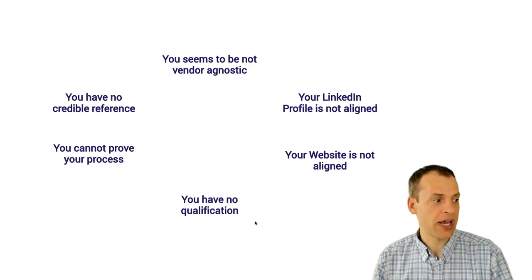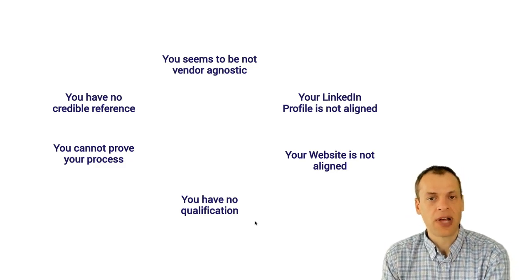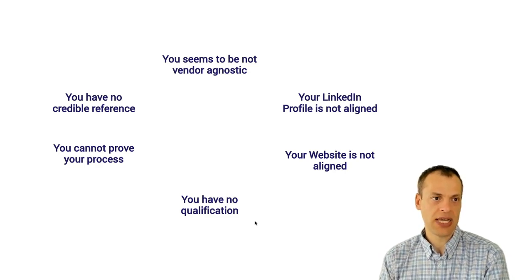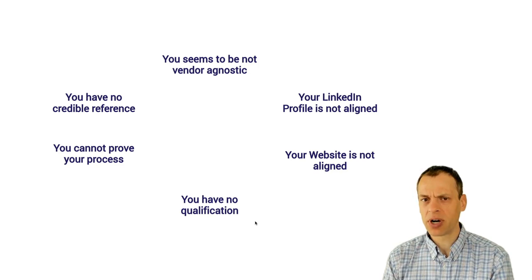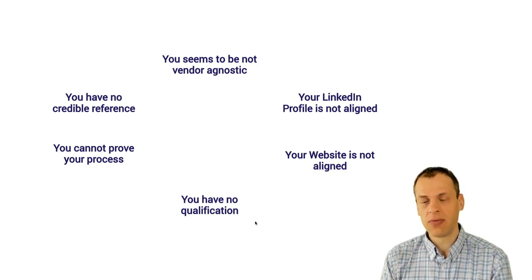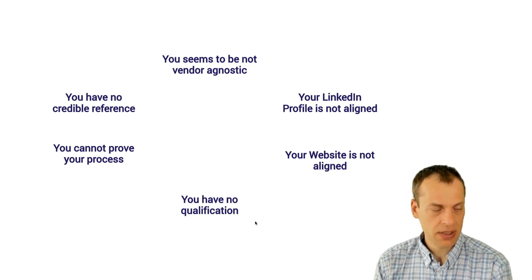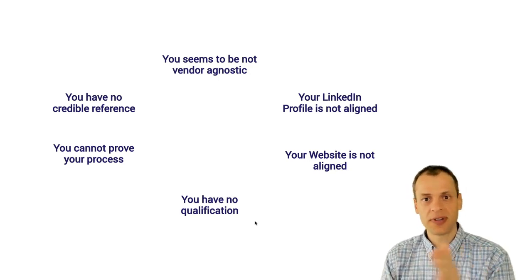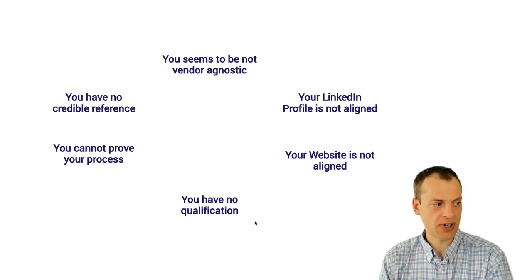The next one is that you cannot prove your process. Sometimes people get rejected because they couldn't show a repeatable process for creating a digital plan, which is CDAP specific. The same applies if you go through the 7-day bootcamp, Jumpstart.